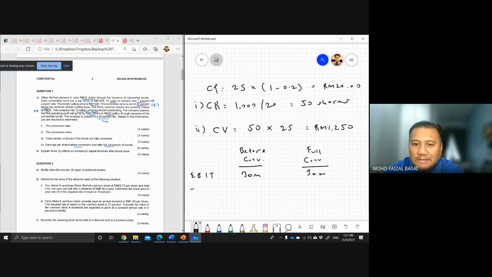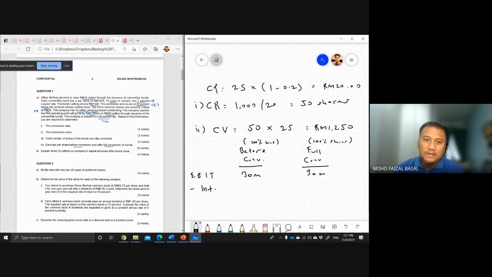And we minus interest. Okay, remember, before conversion means 100% bond. So full conversion means 100% share. So when we talk about interest, before conversion, we're going to pay full interest and zero for full conversion.